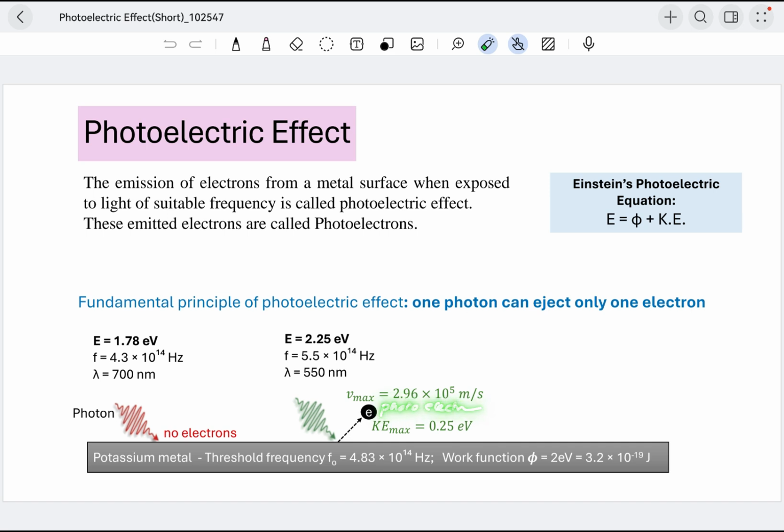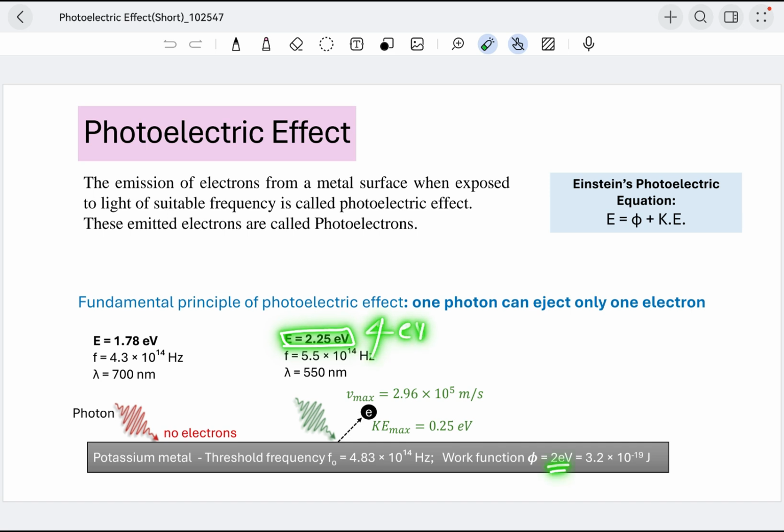Now, remember, the fundamental principle in the photoelectric effect is that only one photon can eject only one electron. For example, here the work function is 2 electron volt, whereas the energy of the photon is, say, 4 electron volt.